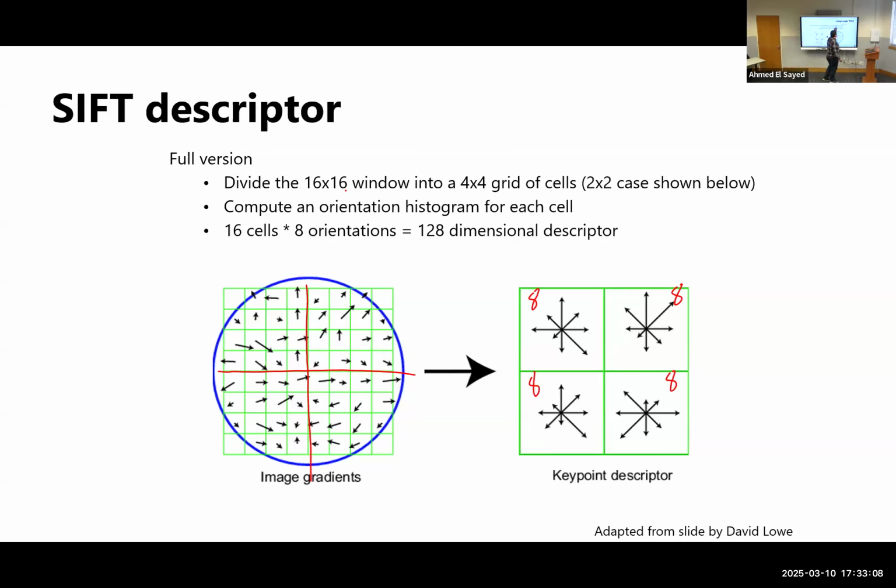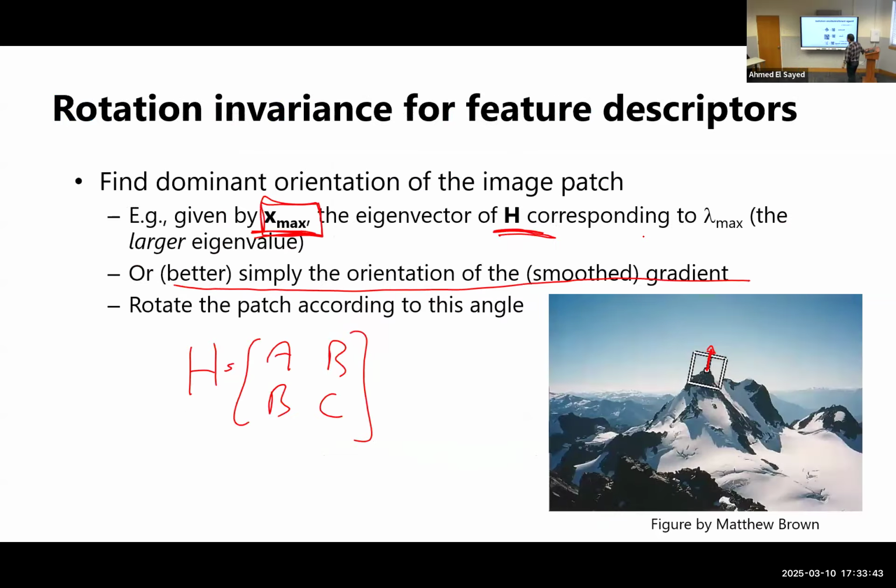Originally, I started with 16 by 16, then I divided it into 4 by 4 cells, so 16 cells. 16 times 8 gives you a 128-dimension descriptor. This will be the descriptor of SIFT. So SIFT uses blob detection using the difference of Gaussian, and we can apply this on different scales as we described here.